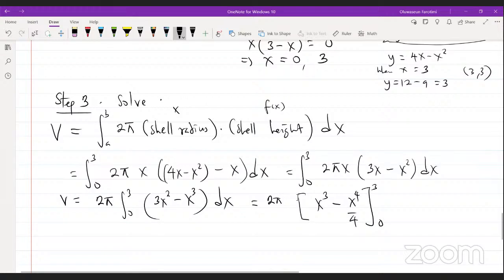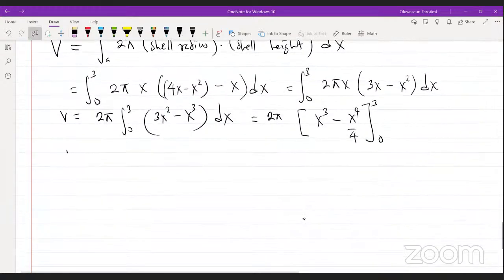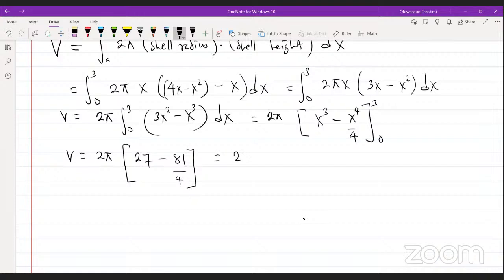Okay, so let us evaluate this and see what we get. So V is 2 pi. Plug in the top, you have 3 cubed, which is 27, minus 3 to the fourth, that's 81, so 81 over 4. If you plug in 0, it's just 0, so you don't have to bother about that. So let's just do the algebra.